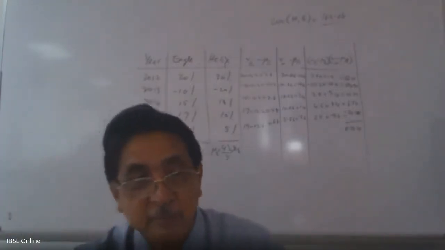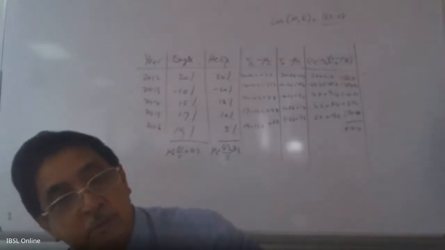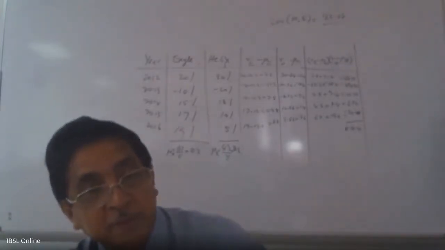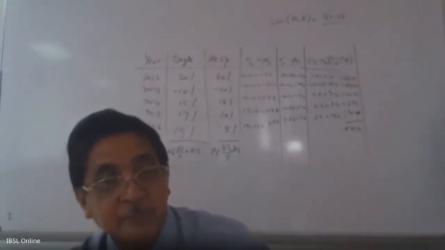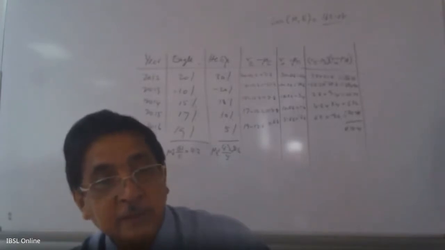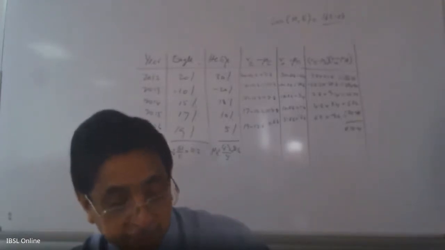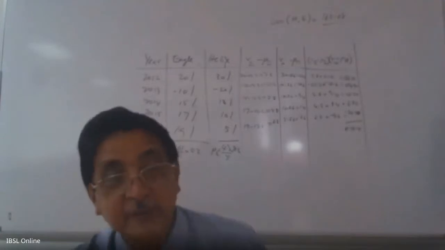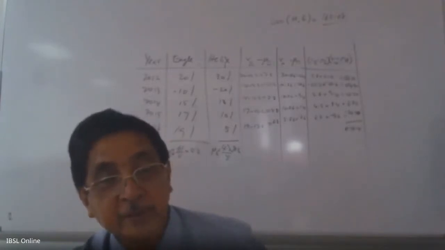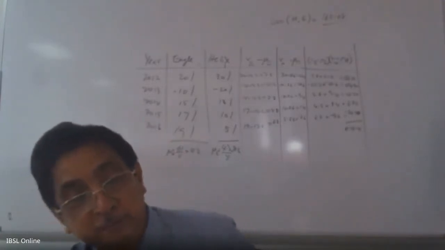Right, okay. Now you can just see the points here, Eagle and Helix. Under Eagle you have these values, and we can get the mean value.